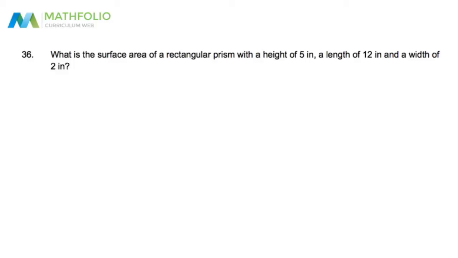Okay, question 36. In this question we're told, what is the surface area of a rectangular prism? So we could draw this, and if you want to draw it, the way to draw it is to draw a rectangle, draw exactly the same rectangle further away, and then connect the lines to each other.